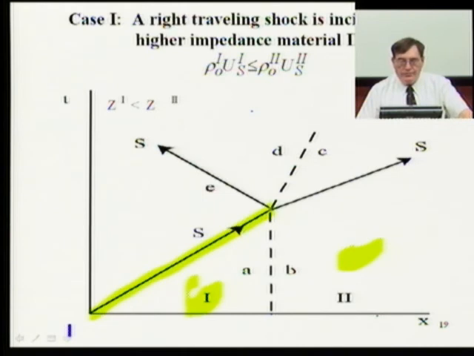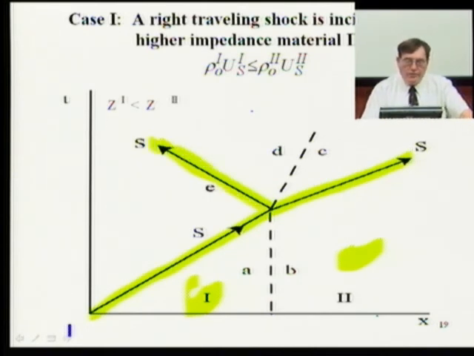But what is different is what is reflected. So if it's a high impedance on the right, it reflects a high shock wave. The reason is really it's got to bring up the pressure in that first plate, because the higher impedance will be a higher pressure. So they have to be equal, of course, across D and E. So you get a forward-facing shock in the higher impedance material, a backward-facing shock in the lower one.